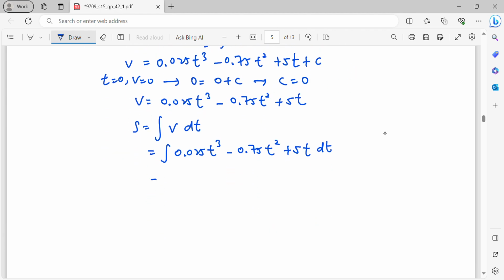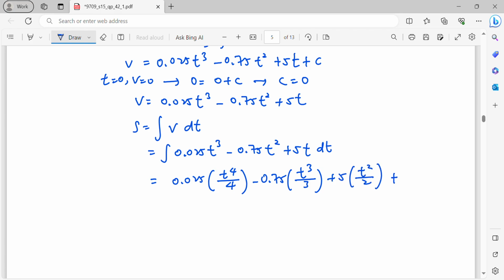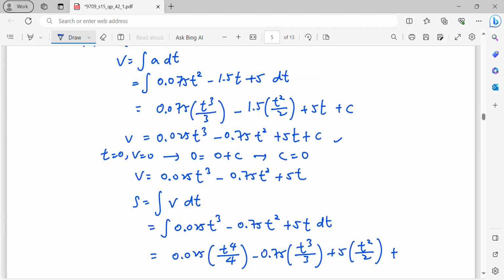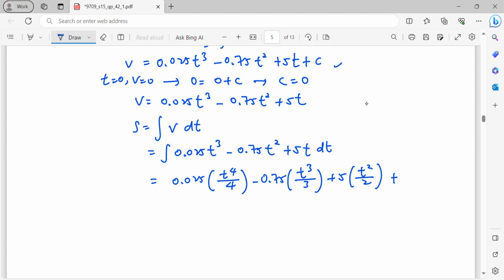Then again, when I integrate, 0.025 t to the power 3 becomes t to the power 4 over 4, minus 0.75 t squared becomes t cubed over 3. The 5t becomes 5 times t squared over 2. After that, plus 1 unknown. Just now we used plus c, now don't use plus c, you use another variable, maybe d.